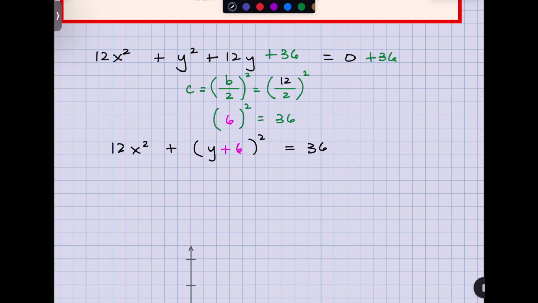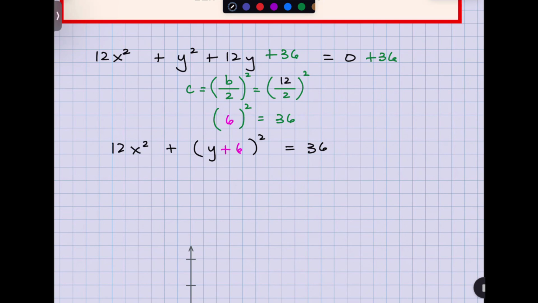Do we need to divide by 36 on both sides? So the question that people are going to ask is, do we divide by 12 or do we divide by 36? Why did you choose to divide by 36? Because if we divide by 36, we get it to equal 1. Correct. So if you look at the ellipse equation, it was x squared over a squared plus y squared over b squared is equal to 1.